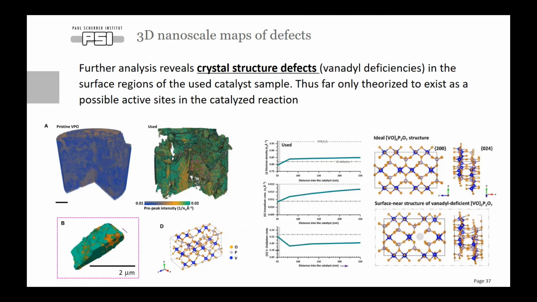So in short, the used catalyst, even though it reduces the surface area quite a lot, was still performing much better than it should. And these structures that we found, these crystalline defects near the edge, were the reason why it was performing better than expected.